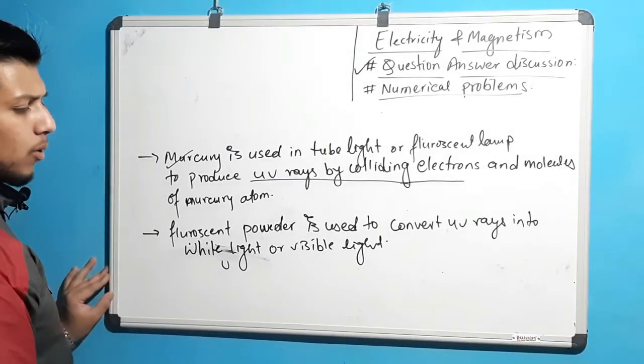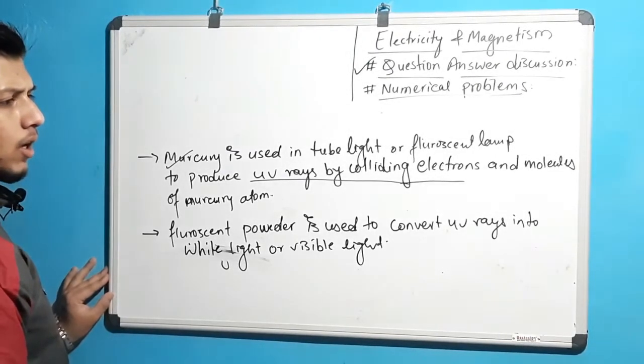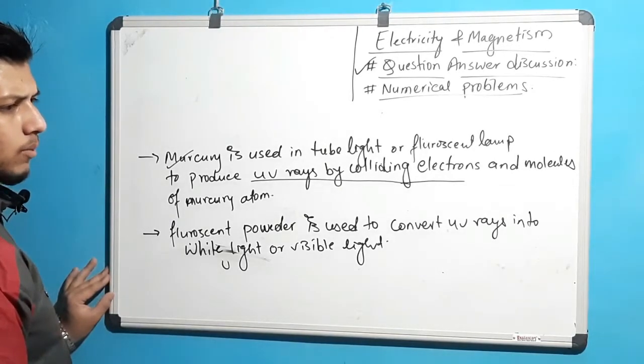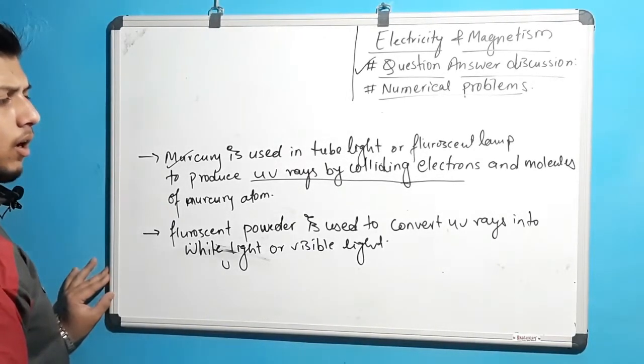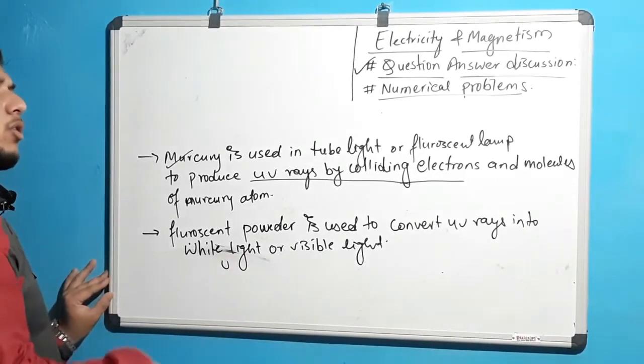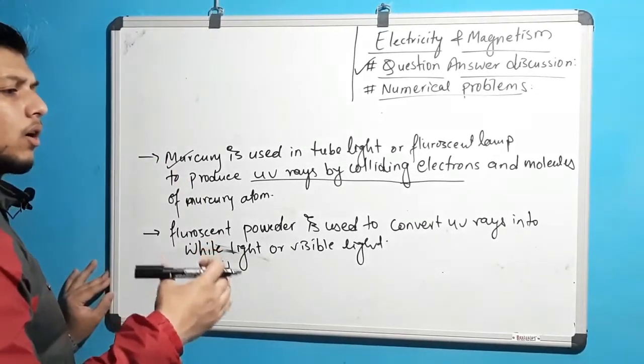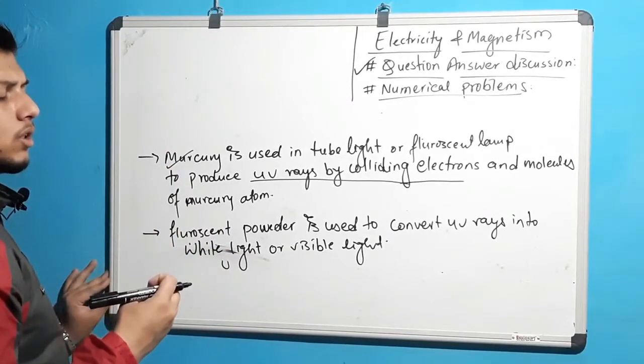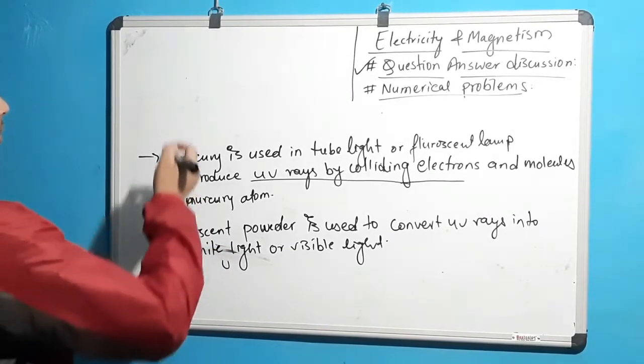The magnetic properties developed on a conductor or current carrying conductor are called electromagnet. Or the magnetic property developed on a magnetic substance due to the electron or the current flow is called electromagnet.